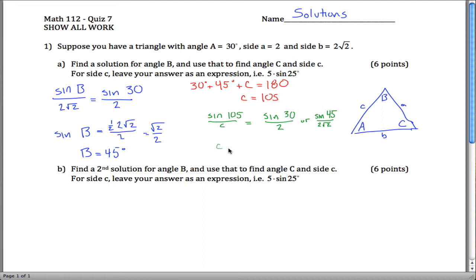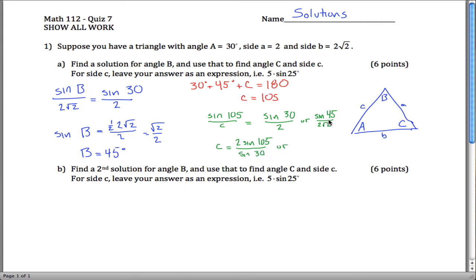I get that c is equal to 2 times the sine of 105 divided by the sine of 30.